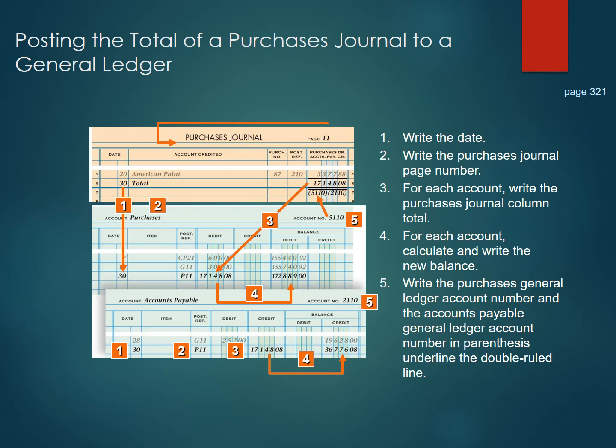So in our purchases debit accounts payable credit column, right after our account number for purchases, in parentheses, we will put our account number for accounts payable. This shows that we have posted twice, once to our purchases account, once to our accounts payable account in the general ledger.